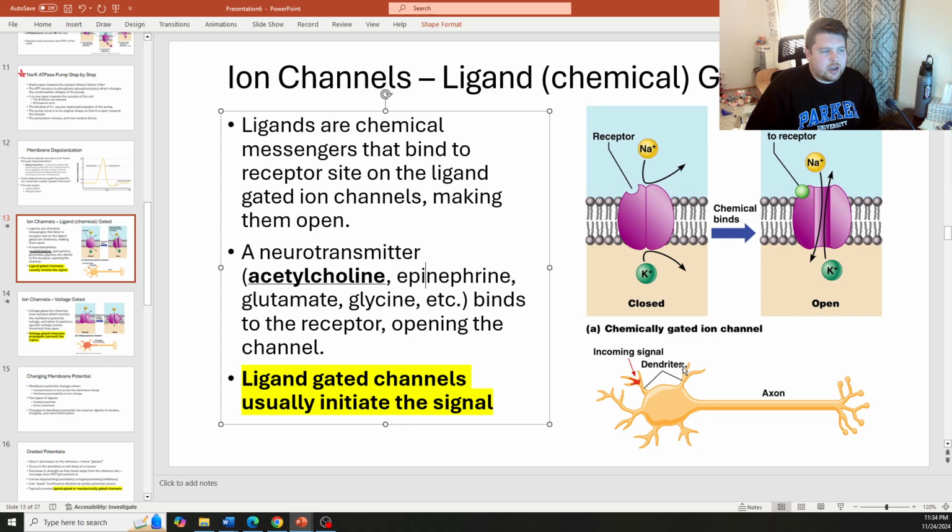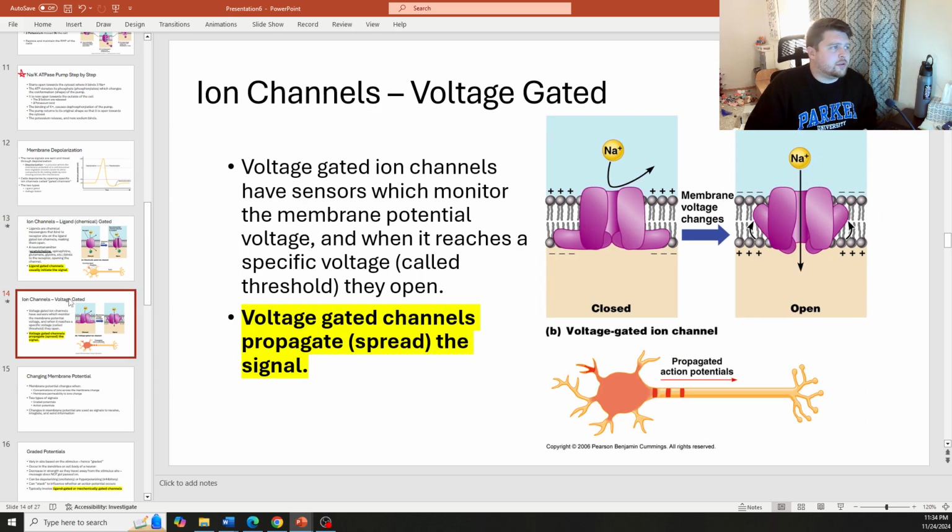These are more located on the dendrites as well as the cell body. The dendrites and the cell body are for receiving messages, for starting signals, and then the axon is where we do a lot of the propagating, or the sending of those signals off to other parts of the body. Those are our ligand channels.